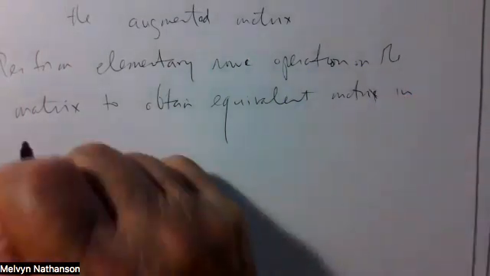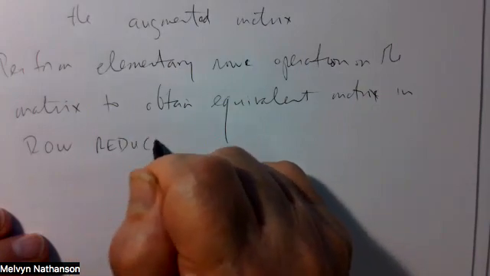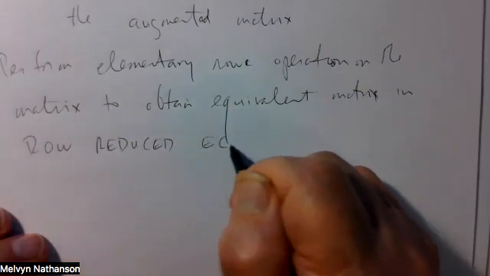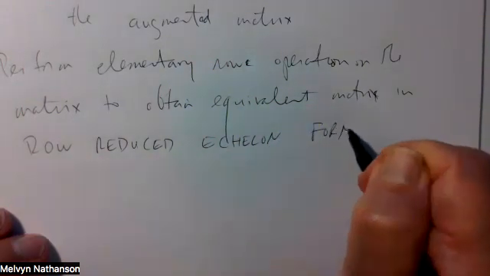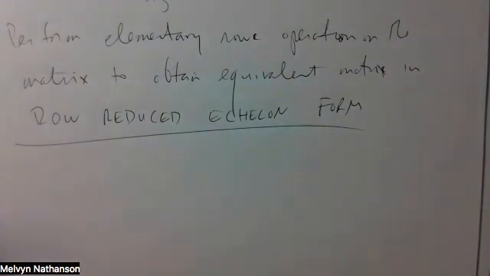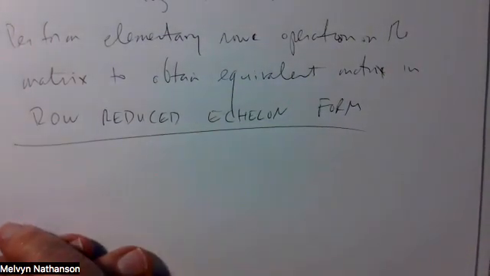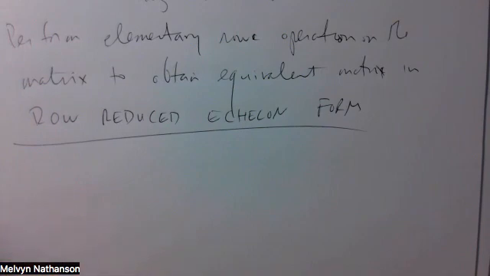in what is called row-reduced echelon form. Perform elementary row operations on a matrix to obtain a matrix in row-reduced echelon form.